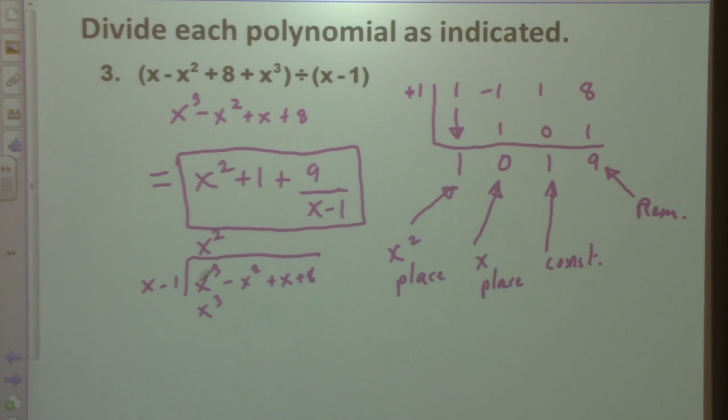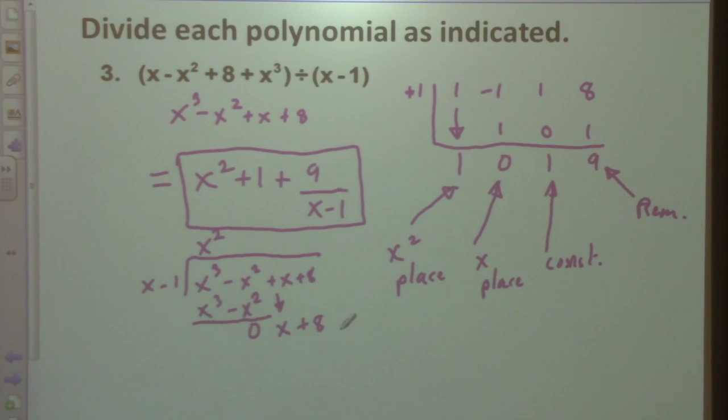And then x squared times -1, negative x squared. So if we subtract these out, we get 0. And then we're going to bring down the x, right? Don't you want to bring down the 8? You could leave it and bring it down later, but we'll just bring it down because you said so. Let's do that, that's fine.